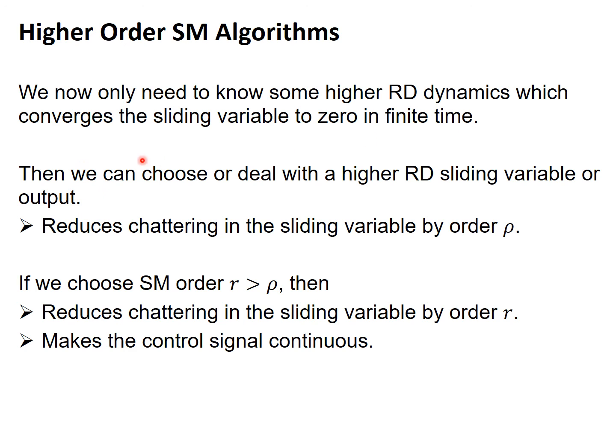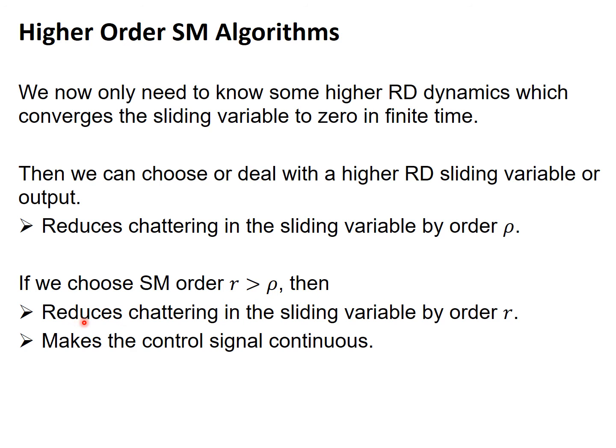Once we have these algorithms, we can deal with a higher order relative degree sliding variable or output, which reduces the chattering by the order of the relative degree rho. If we choose the sliding mode order r greater than rho, then it reduces chattering in the sliding variable by order r, because the discontinuity is now in the rth derivative, not simply in the rhoth derivative.